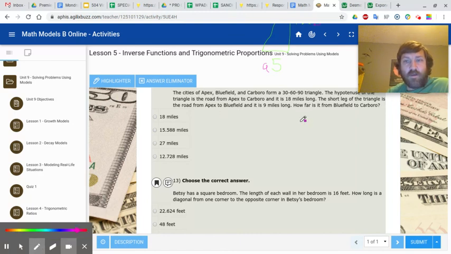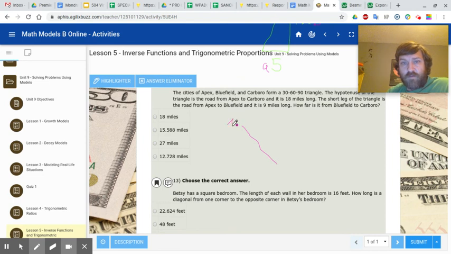Exact same idea. You have the road from Apex to Carrboro, and it's 18. The short leg is from Apex to Bluefield. That's 9. How long is this one? You have a right angle here.